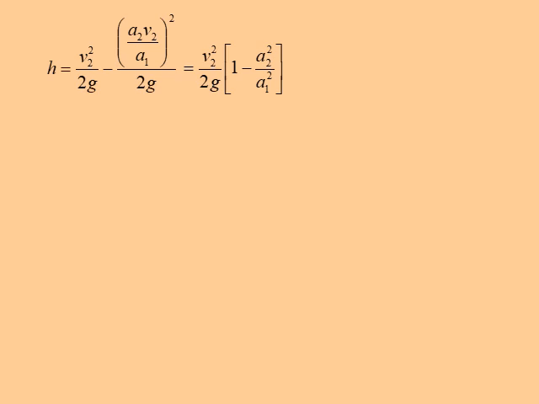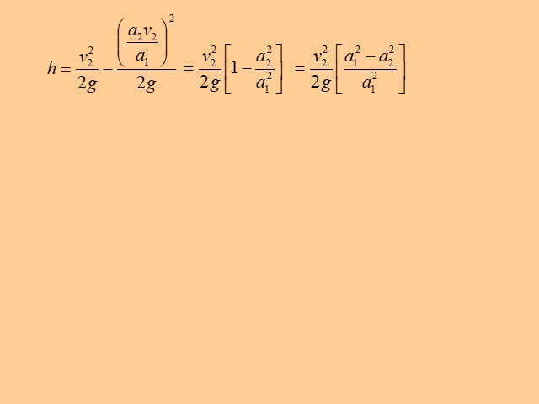Then simplifying this, H is equal to V2 square by 2g, taking that common outside, so now it is 1 minus A2 square by A1 square.